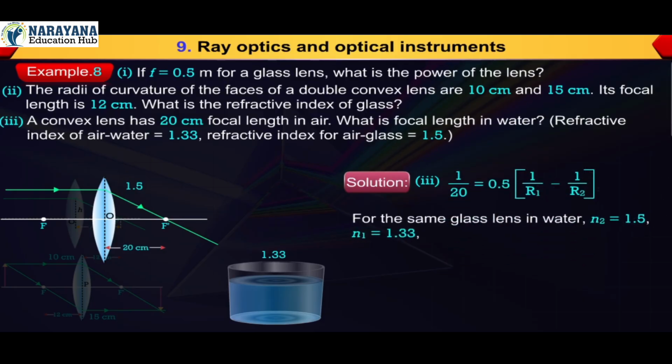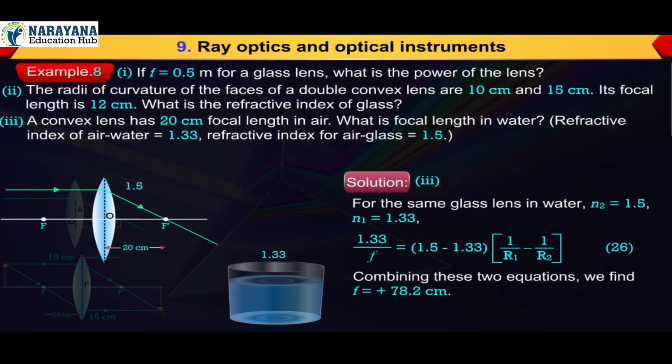For the same glass lens in water, n2 is equal to 1.5, n1 is equal to 1.33. 1.33 upon f is equal to 1.5 minus 1.33 into 1 upon r1 minus 1 upon r2, equation 26. Combining these two equations, we find f is equal to plus 78.2 cm.